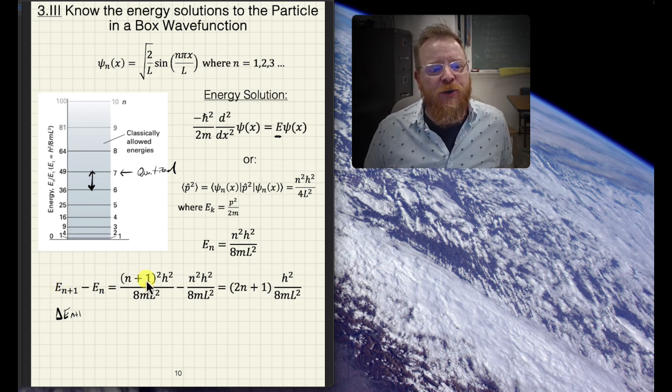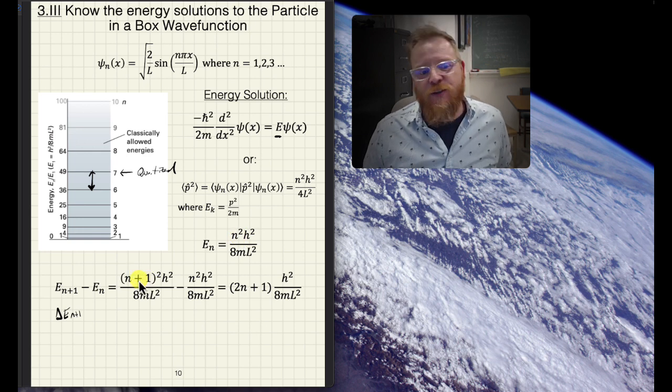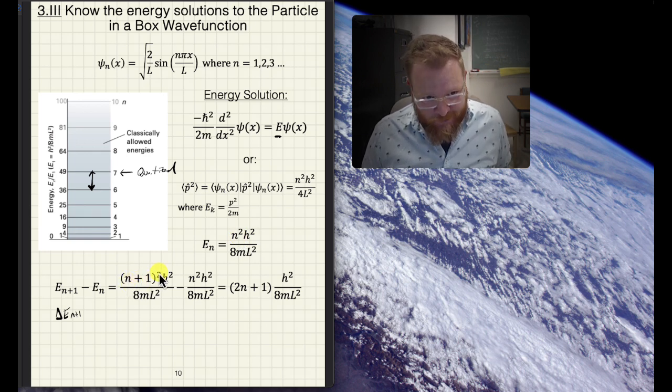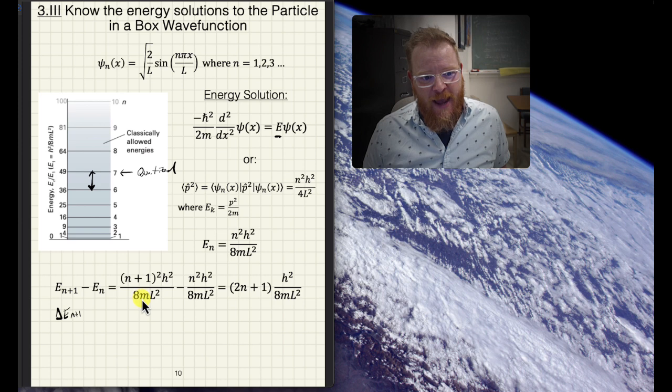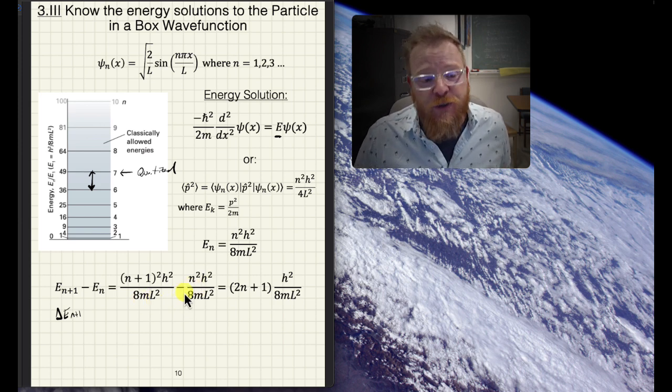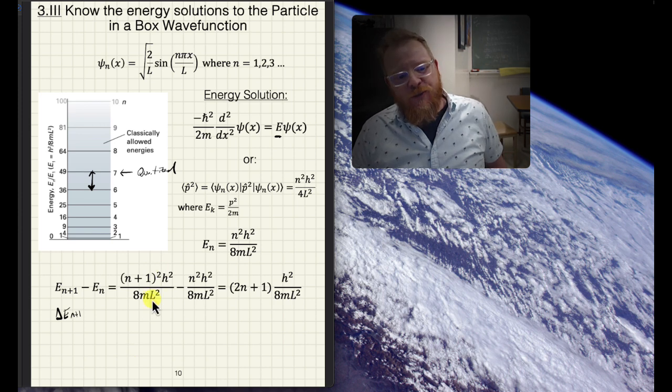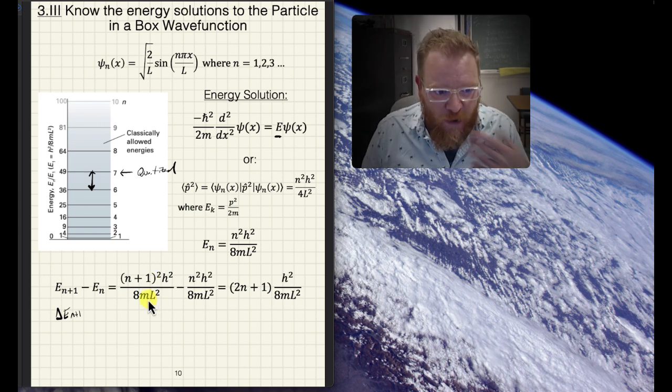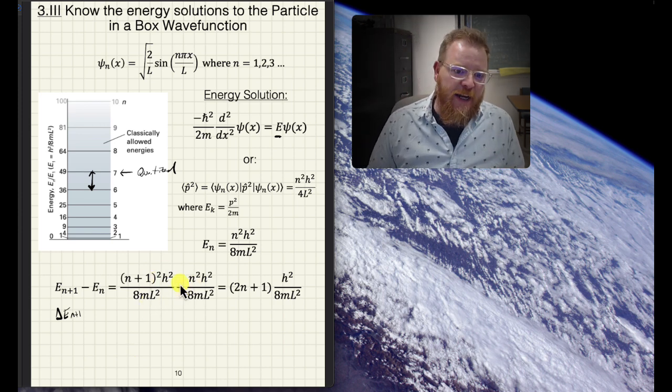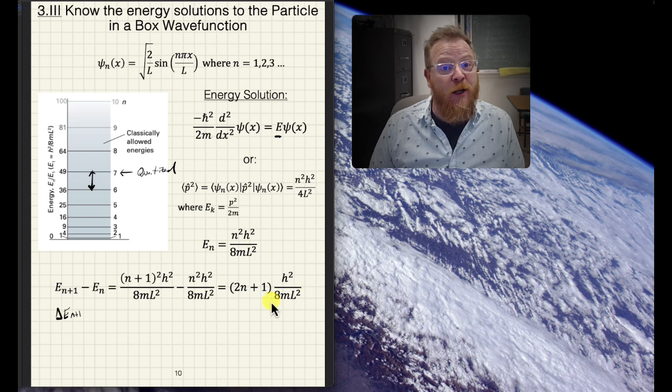So we substitute n plus 1 into n right there, and that becomes n plus 1 all squared times h squared divided by 8ml squared, minus our original energy solution. Of course, we have to do some foiling there, we have to take the square. Doing some algebra, we end up with the following result: 2n plus 1 times our h squared over 8ml squared.